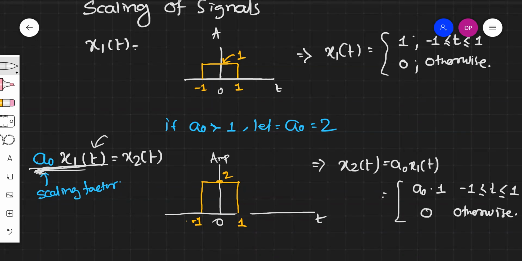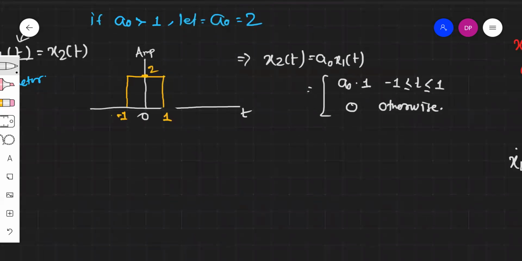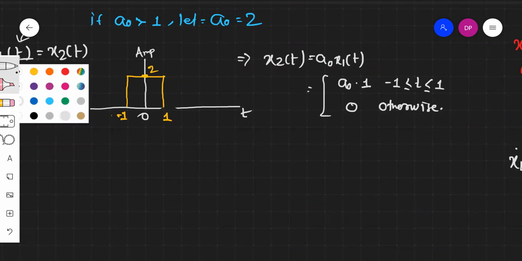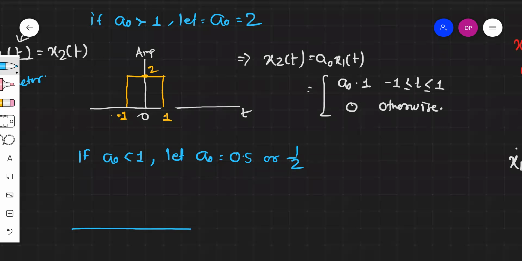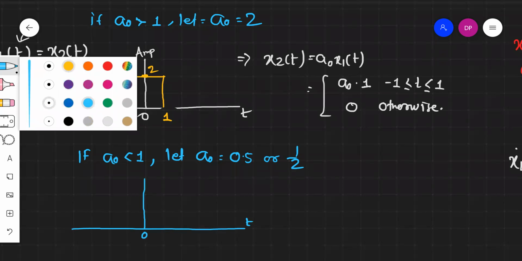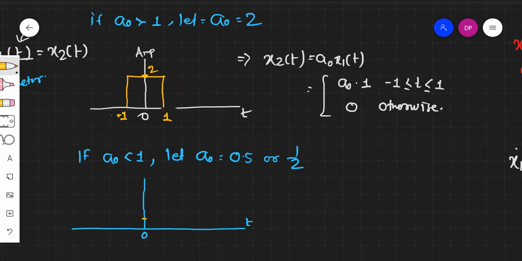So if the value of a naught is greater than 1, we have seen the figure. If the a naught value is less than 1, what will happen? If I take a naught less than 1, and I assume a naught is equal to 0.5, or you can say 1 upon 2, what will be the figure? If I draw it here, this is the time axis, and this is the y-axis. You will see that the amplitude, this point was 1, this is 2, and this is 0.5.